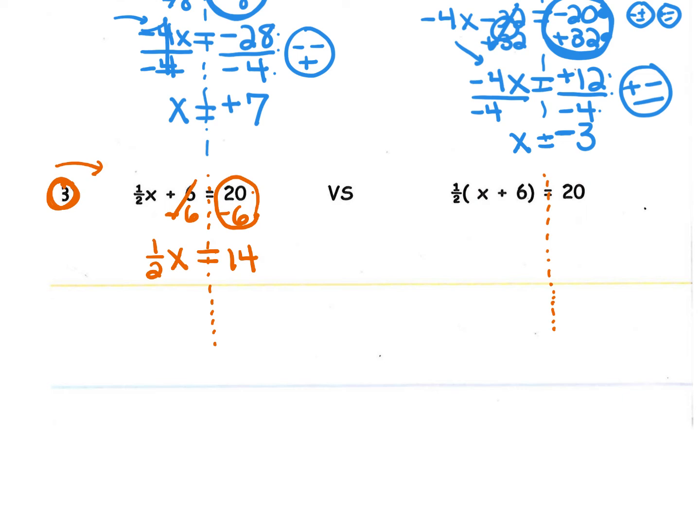Now it's our job to eliminate the coefficient. We're going to multiply the left side by the reciprocal, but also the right side. What you do to one side, you have to do to the other. X is now alone.